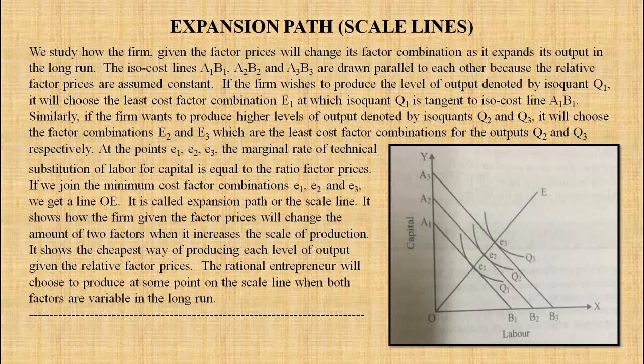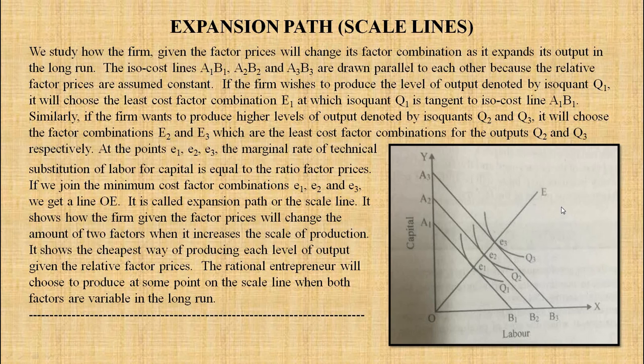At points E1, E2, E3, the marginal rate of technical substitution of labor for capital is equal to the ratio of factor prices. If we join the minimum cost factor combinations at E1, E2, E3, we get the OE line. It is called the expansion path or a scale line.